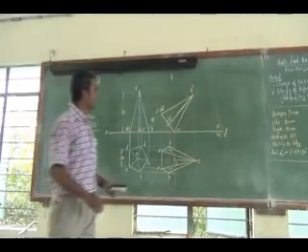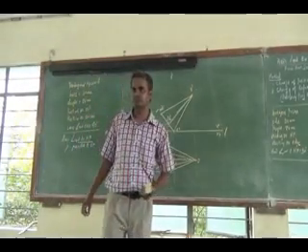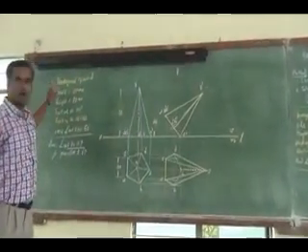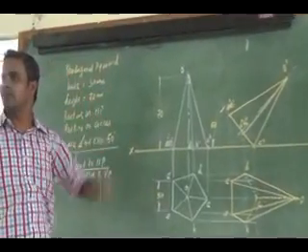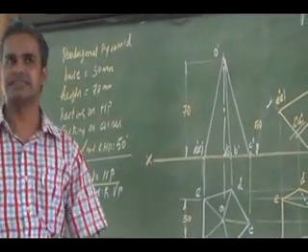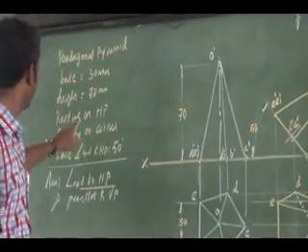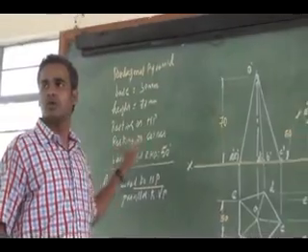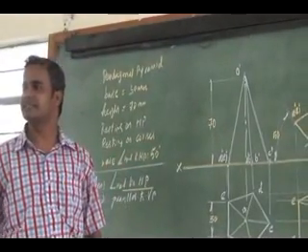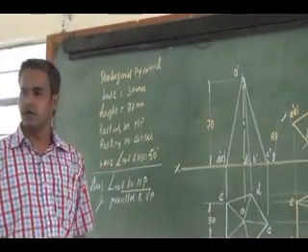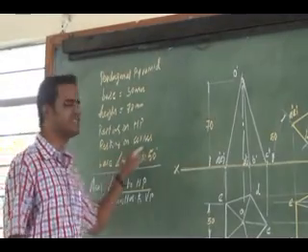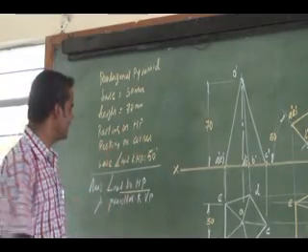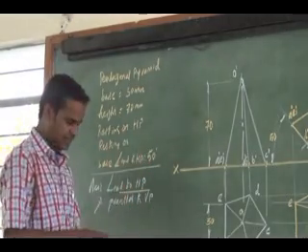A pentagonal pyramid, of base side 30 mm and axis side 70 mm, same thing, is resting on HP with one of its base edges. Instead of a corner, a base edge.